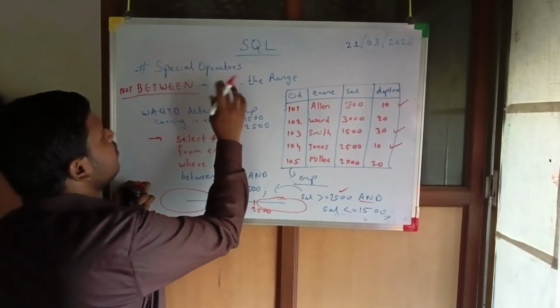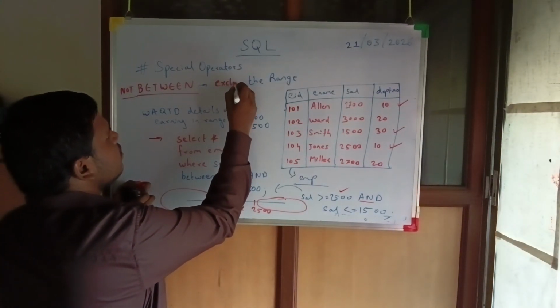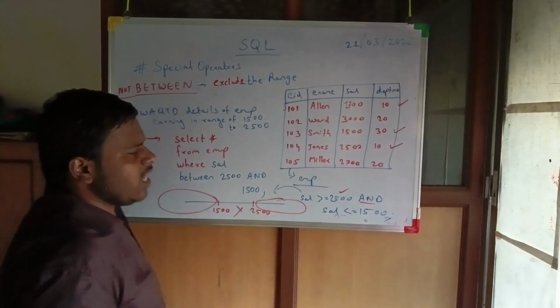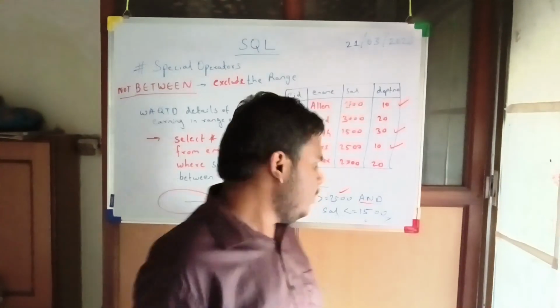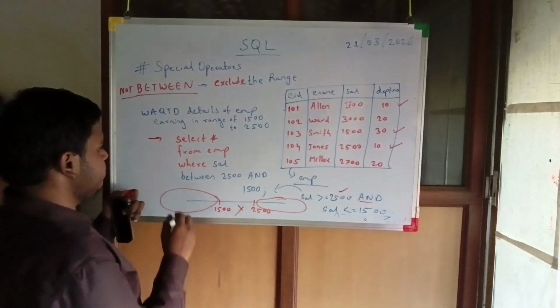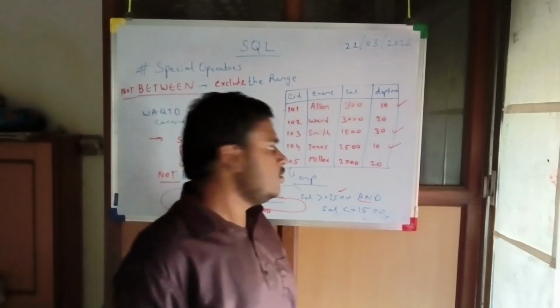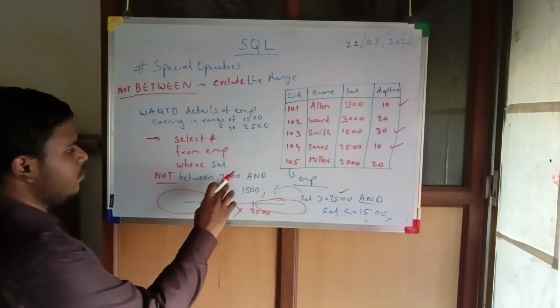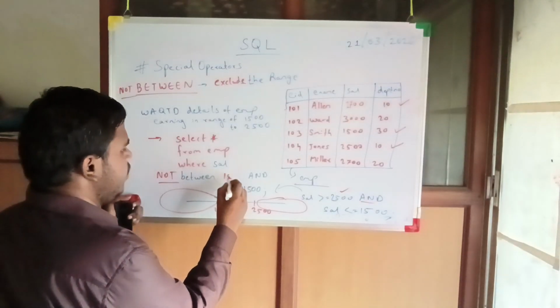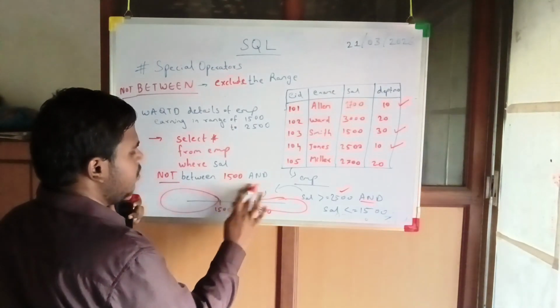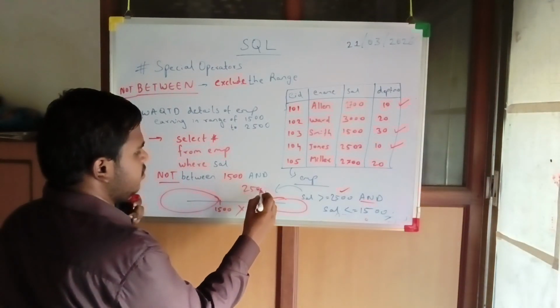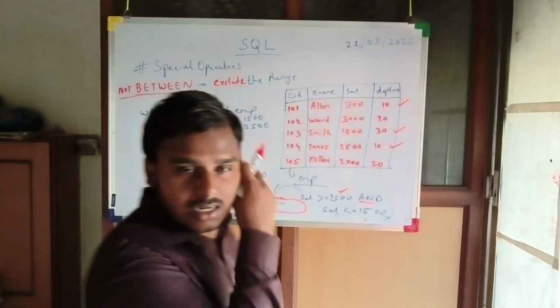It will exclude the range. Same syntax as the between operator, but before between you should include not. Where salary not between 1500 and 2500.